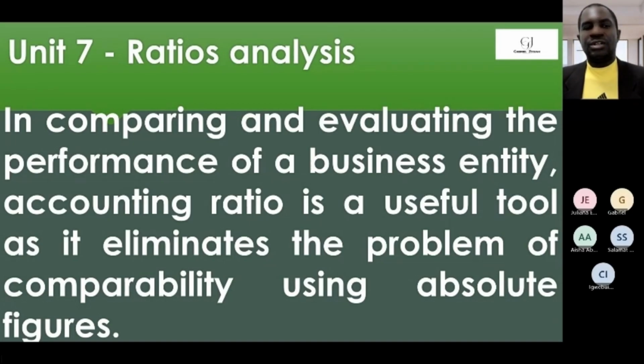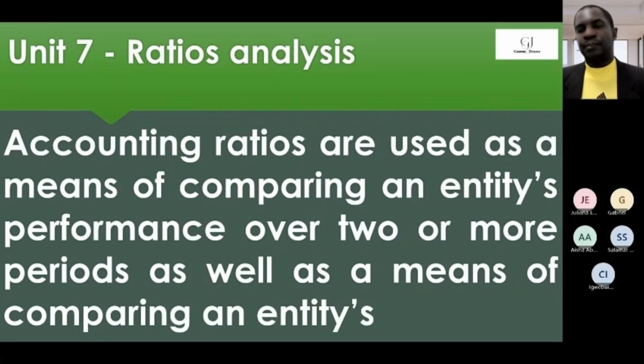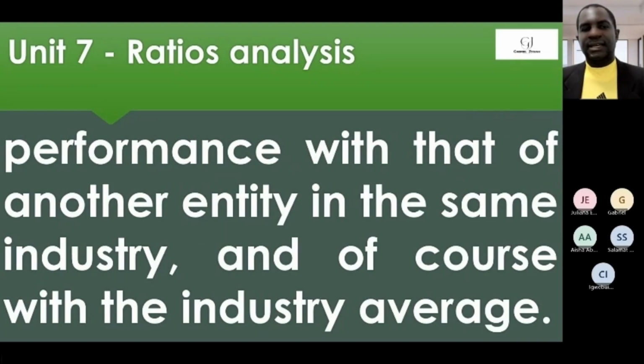So comparing and evaluation is very important, and that's what ratio analysis helps to do. Accounting ratios are also used as a means of comparing an entity's performance over two or more periods, as well as a means of comparing an entity's position over the same period.